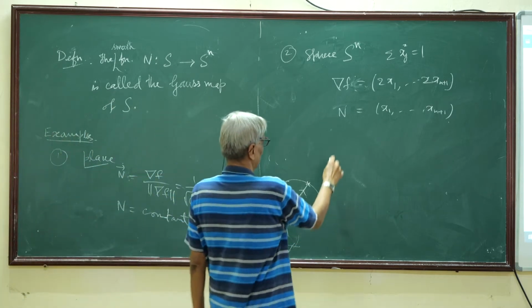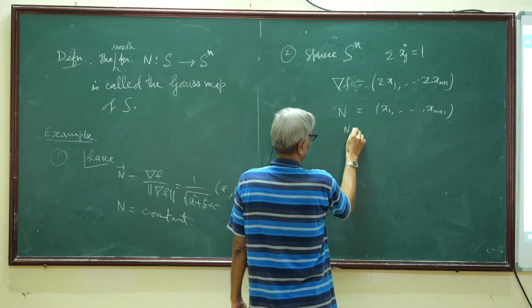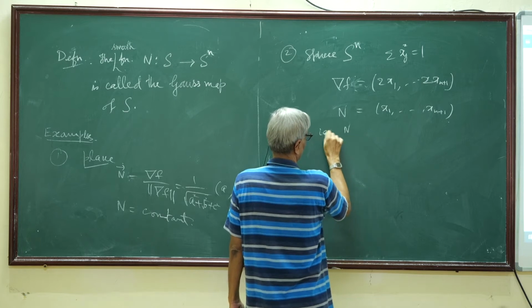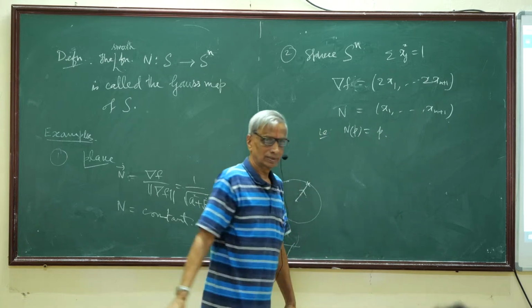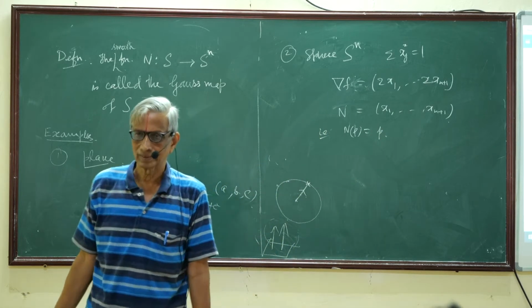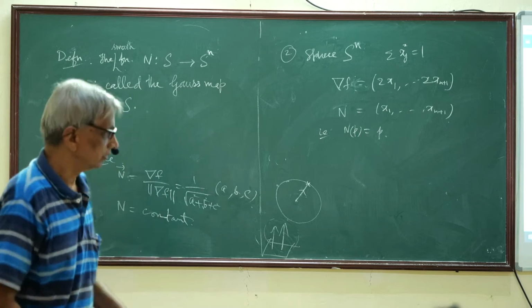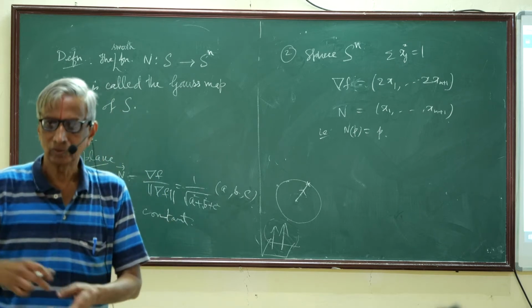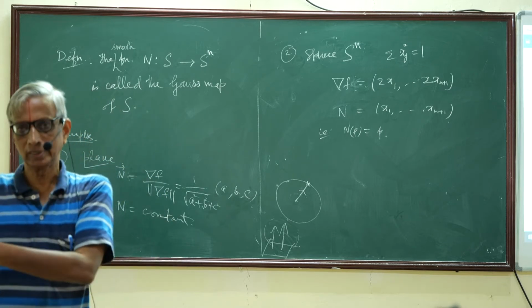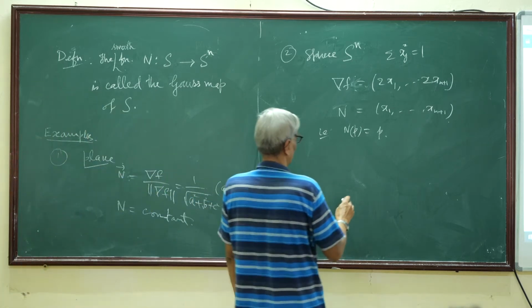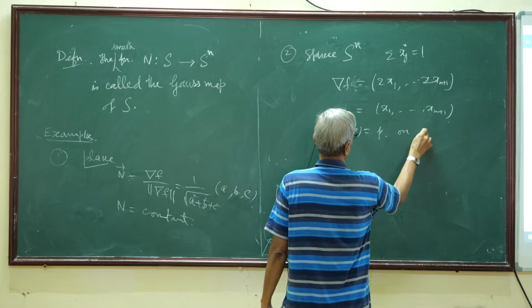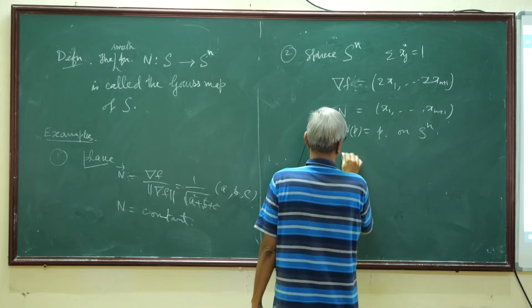That is the identity function, identity map, right? Your surface itself is a sphere. Gauss map is into the sphere, so it's the identity map on the sphere. So identity.